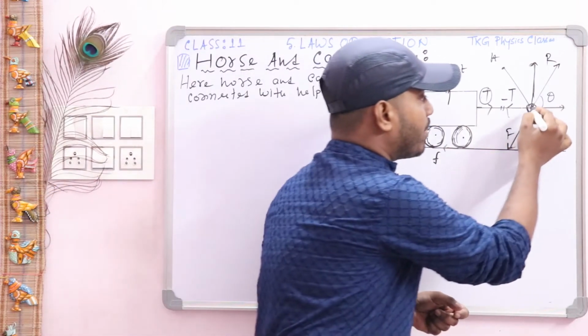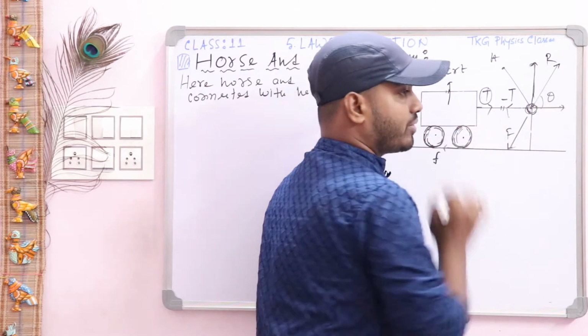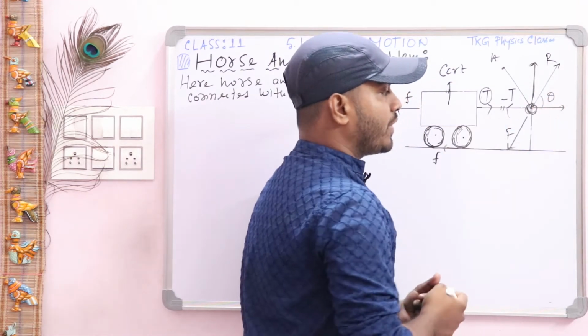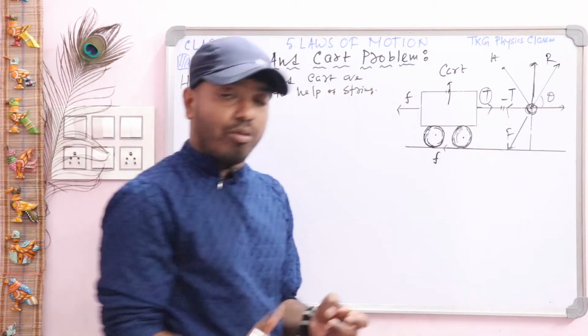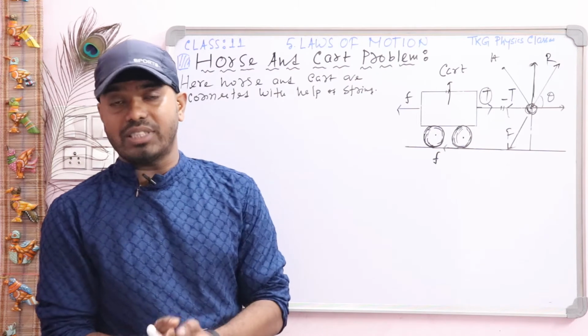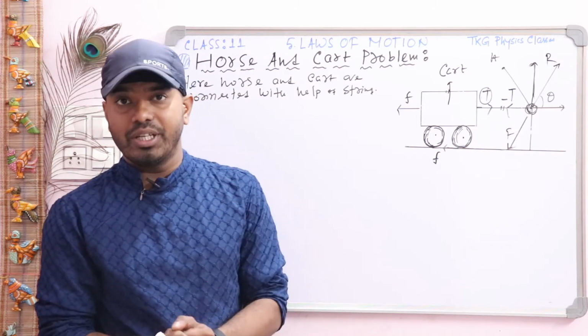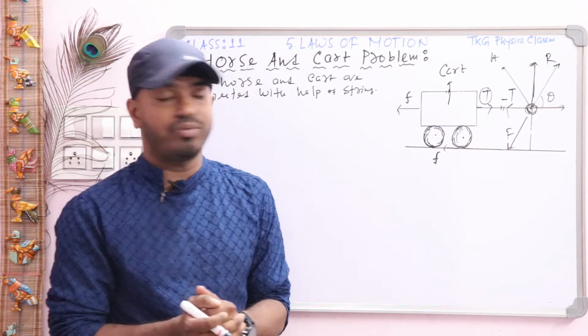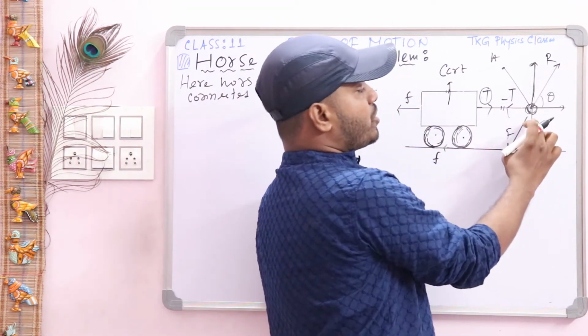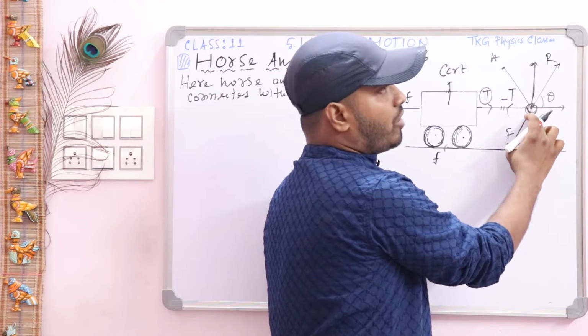So here the horse applies a force, capital F, in that direction. This is the ground, so obviously the ground gives an equal and opposite force, just opposite to the direction of F, which is named R, the reaction force. This reaction force is exactly opposite to the direction of the force applied by the horse.